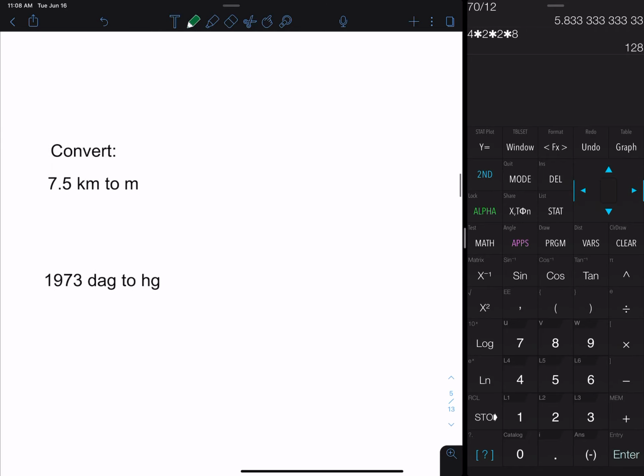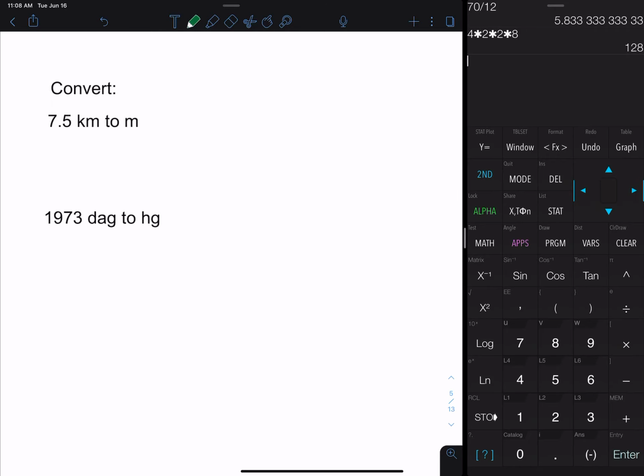So if we look at our examples, we're going to convert 7.5 kilometers to meters. So I know it's metric, so I'm going to use that King Henry died Monday drinking chocolate milk. Now these have meters after them, so I don't want grams, I don't want liters, I want meters after all of it.